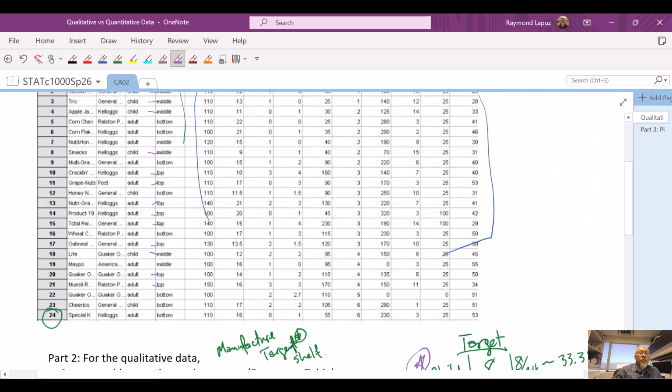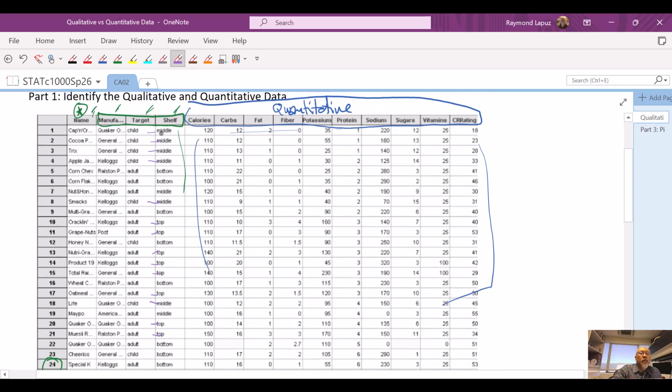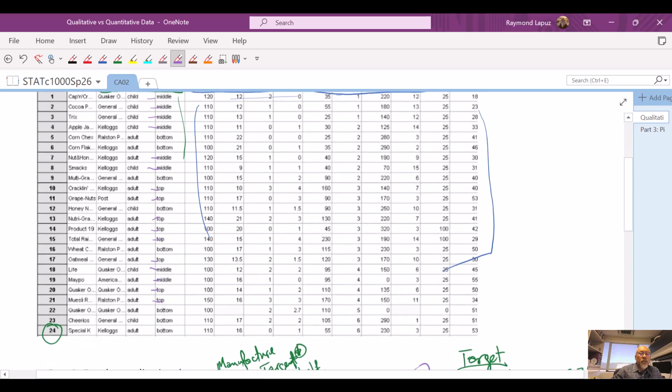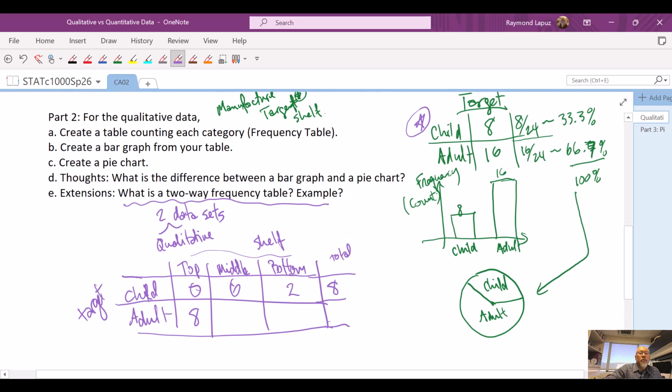And how many are in the middle for adults? 1, 2. There's only 2. And we can go back to that idea that we know that there's 16 total adult cereals, and so there's 10 so far, so there must be 6 in the bottom here.